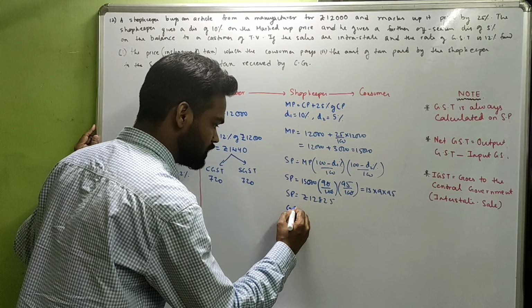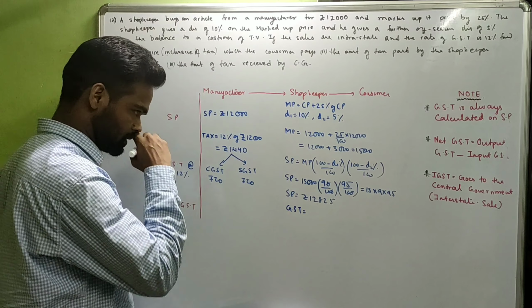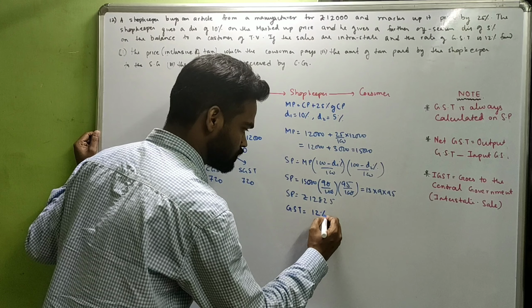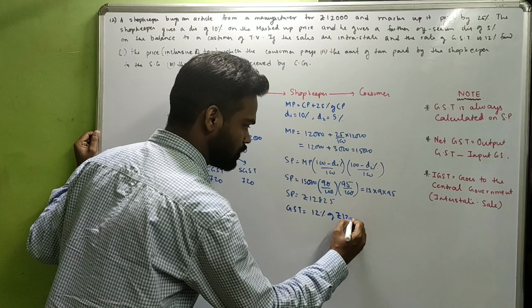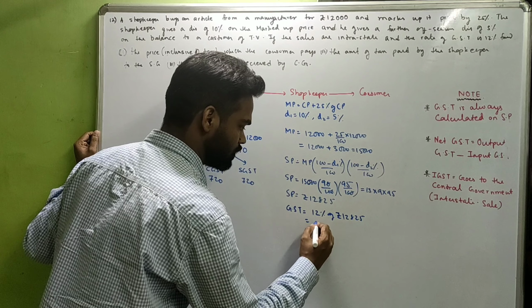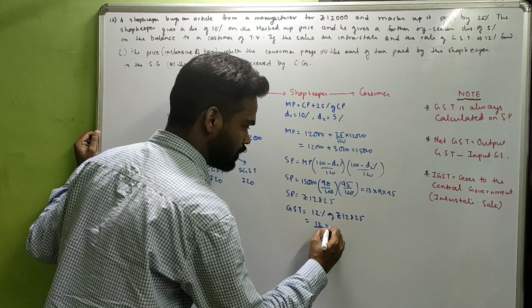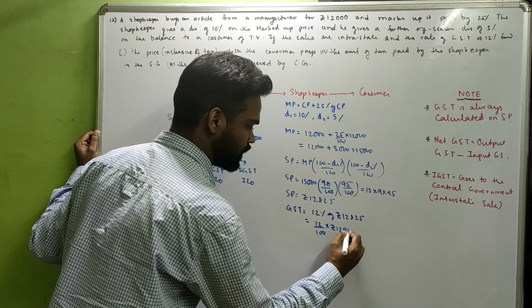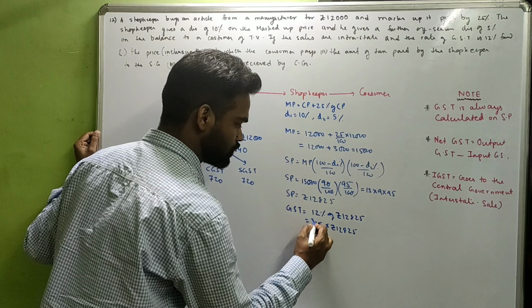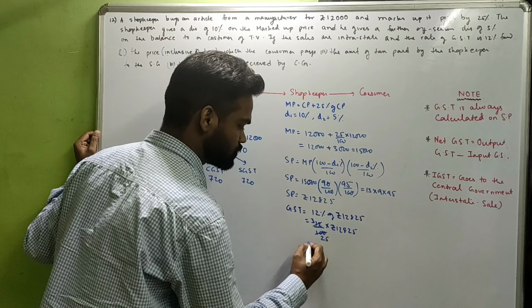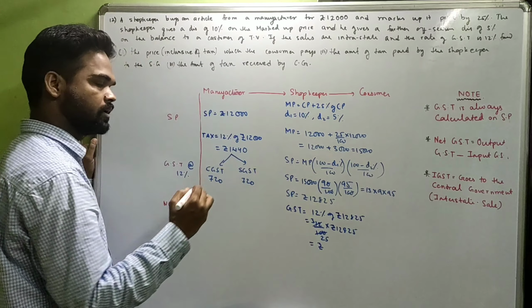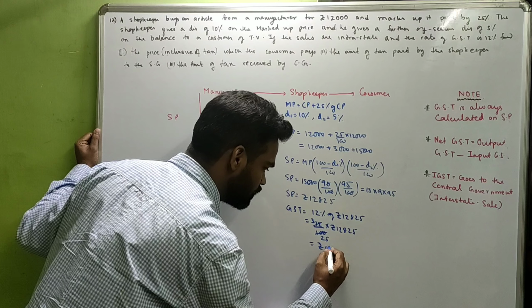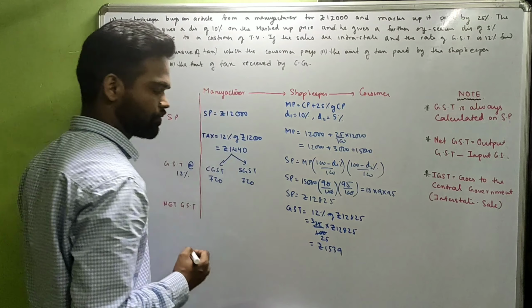So your GST will be what? 12% of 12825, which is 12 by 100 multiplied by rupees 12825. Three times 425 times, these two cancel, so this will be 1539.